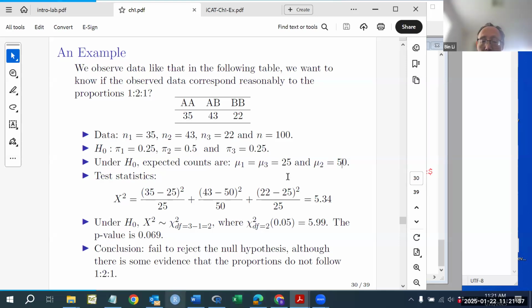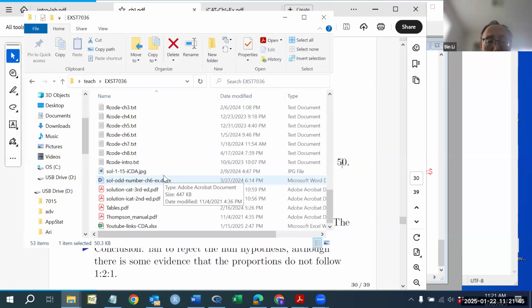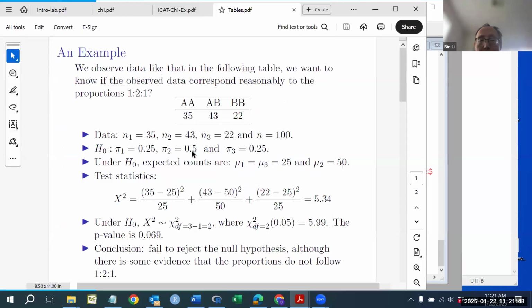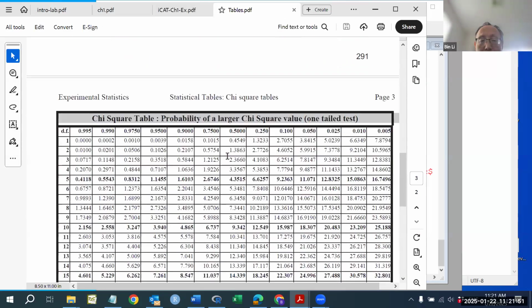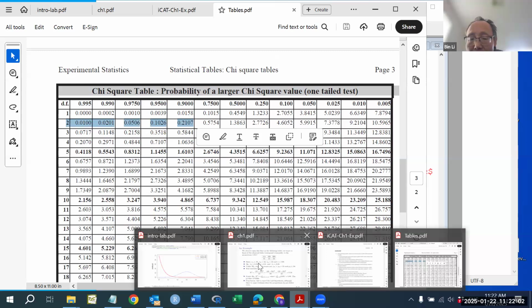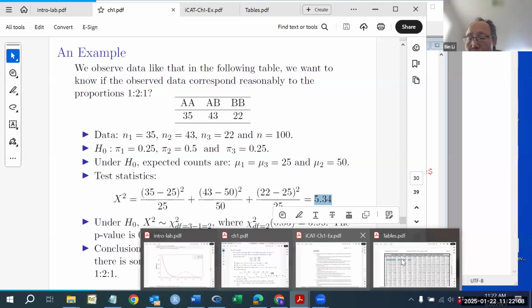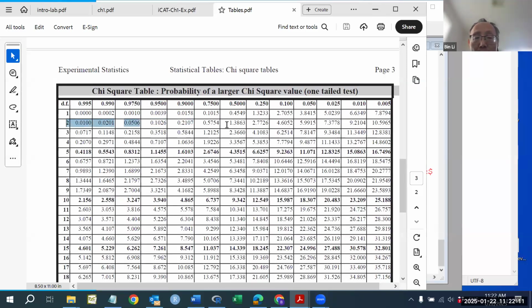Okay, and then we can do the chi-square test. Let's see the tables. For the chi-square, the degree of freedom is 2, because we have 3 classes, C is 3, and the degree of freedom is C minus 1. We found 5.34, so what is the p-value? Go to degree of freedom 2, the second row. 5.34 is between these two.